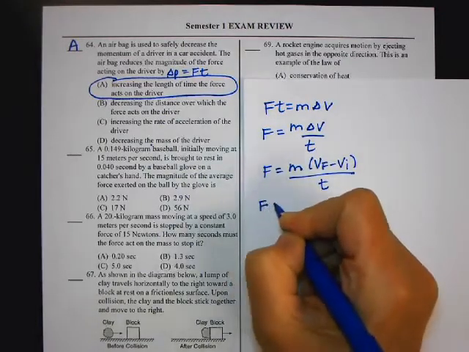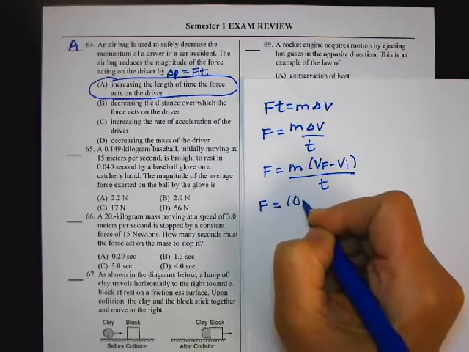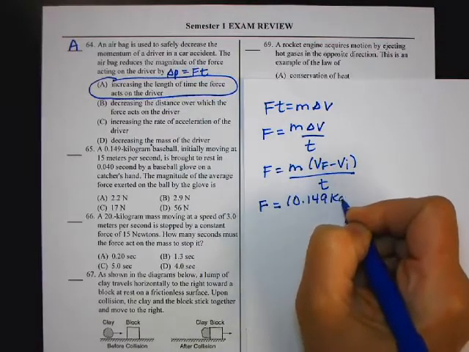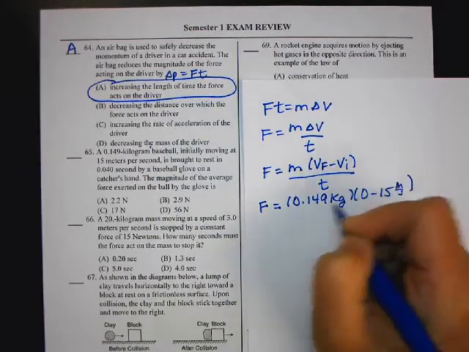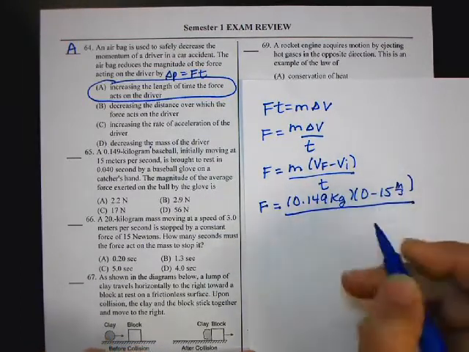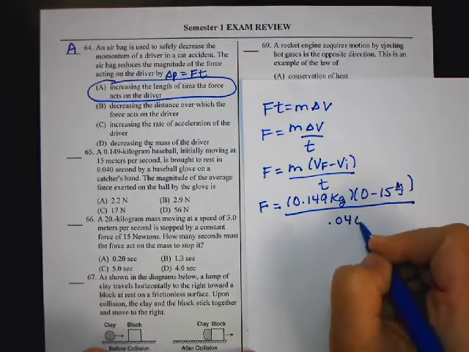So F is equal to 0.14 kilograms times (0 minus 15 meters per second) divided by 0.040 seconds.